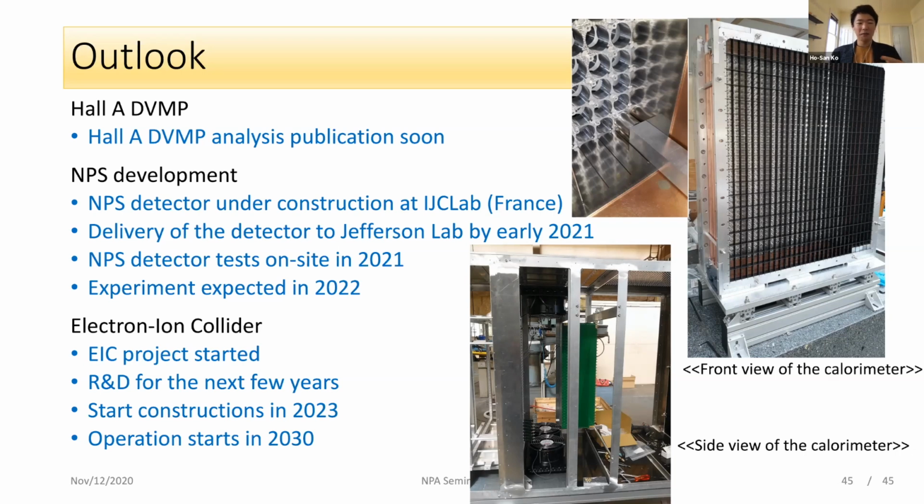And I believe most of you know that the EIC project has started, and there will be R&D for the next few years, and hopefully construction starts in 2023. And hopefully again, the operation of the EIC will start in 2030. Thank you.